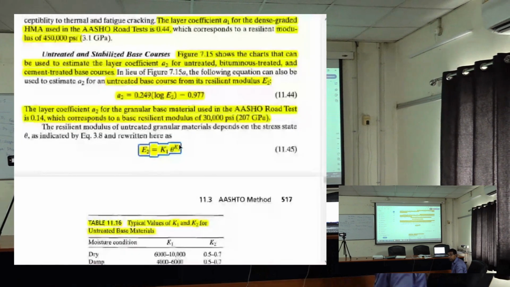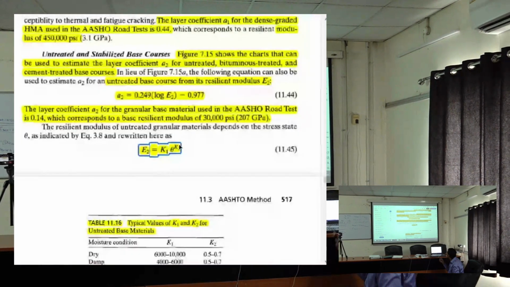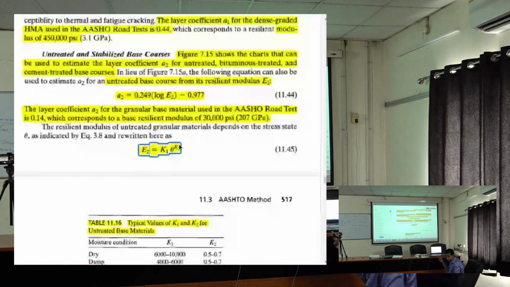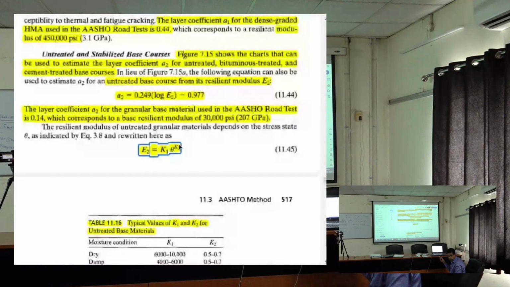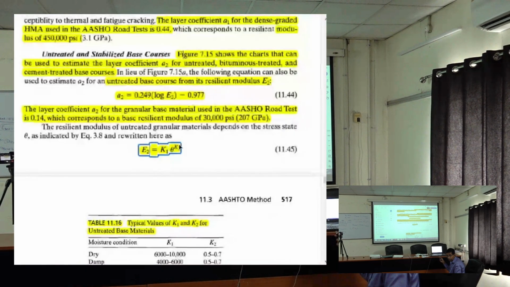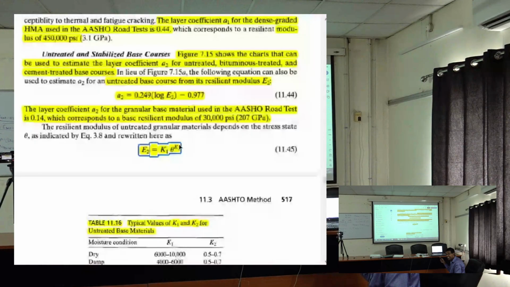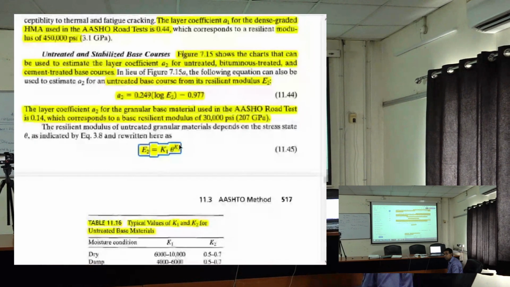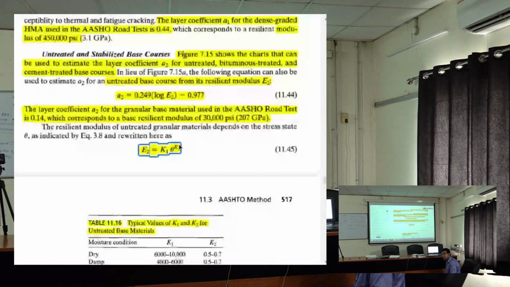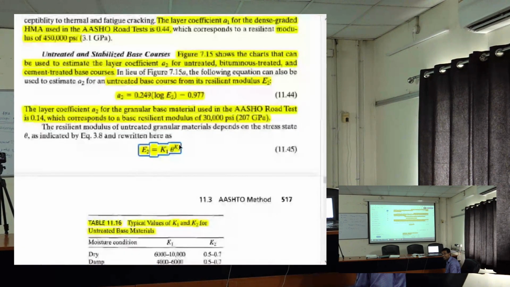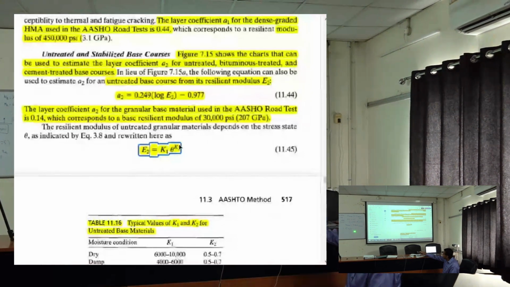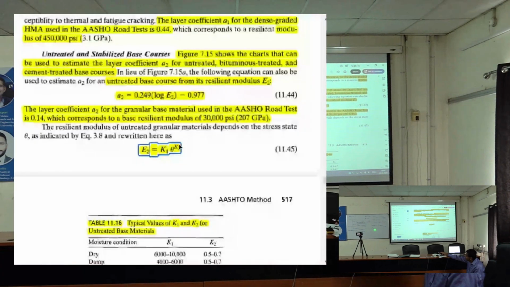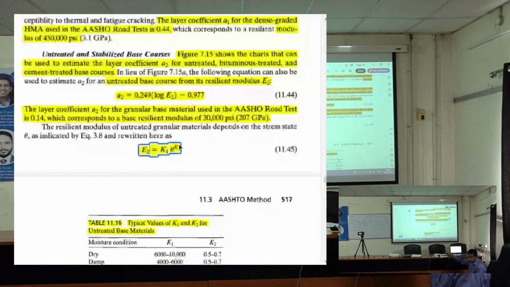Log base 10 of 20,000 times 0.249 minus 0.977. I don't have a calculator with me. Anybody online confirm it? 0.093? Seems too low, but you may be right. Is it right? Yes, I calculated 0.093. Okay. So plug it in: A1 times D1, plus 0.093 times D2, greater than or equal to 5.